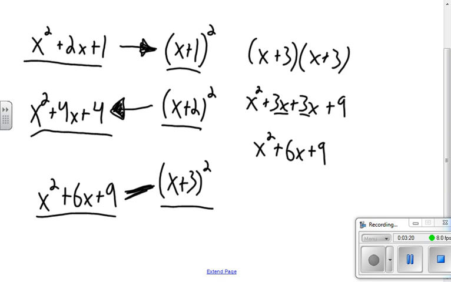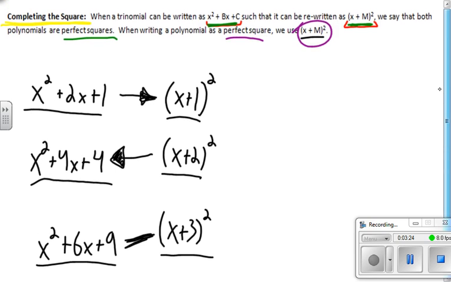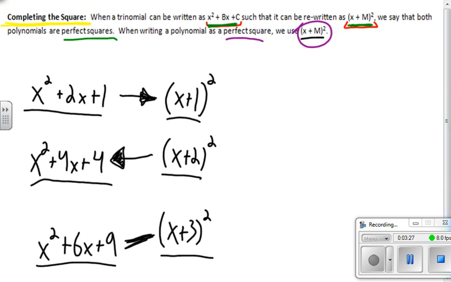Now, one cool thing to notice is that anytime we have a perfect square trinomial and binomial, we can find out how they are linked together. If we look at this first one, we have a 2x. Notice that the 2, the coefficient in front of x, is twice the amount of our 1. So we would say 2 divided by 2 equals our 1.